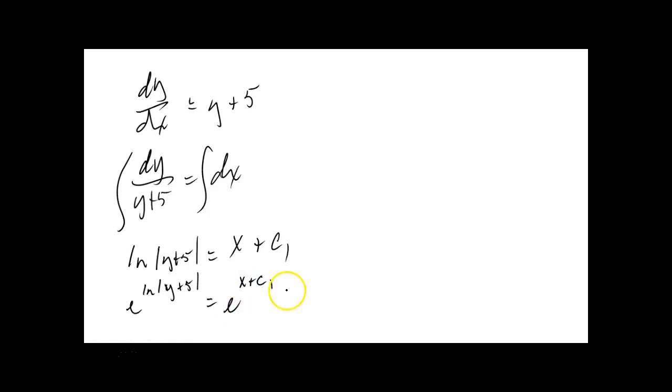We're going to do the same trick we did before, make that e to the x times e to the C1, and this over here gives us y plus 5. Now, do you need the absolute value bars anymore? I think not. Maybe it would be helpful, but I think you can get away without them. It is equal to C e to the x. So yeah, that's doable, a one parameter system.